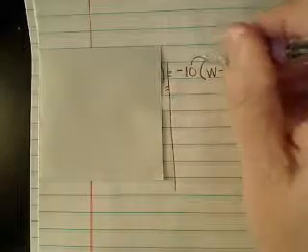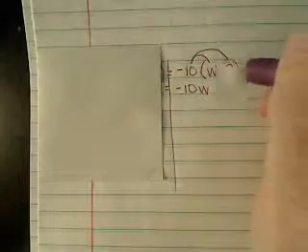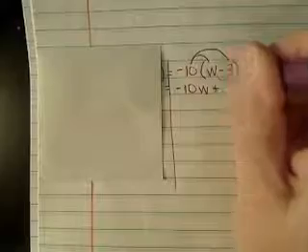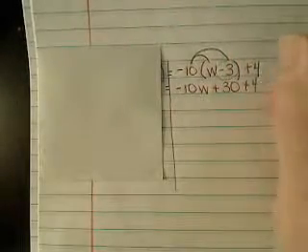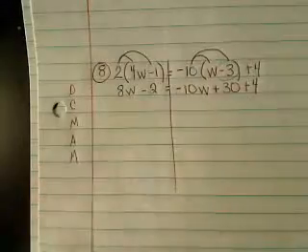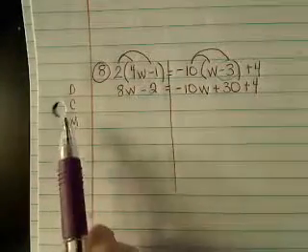So I'm going to multiply the negative 10 times everything on the inside. That's going to give me a negative 10w. A negative 10 times a negative 3 is a positive 30. And then I'm going to bring down the plus 4. So I just did step 1 on both sides, the distributive.